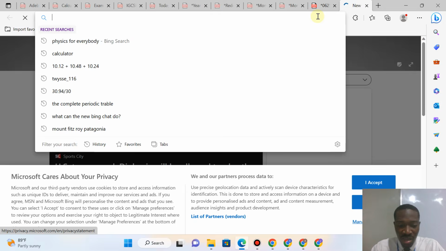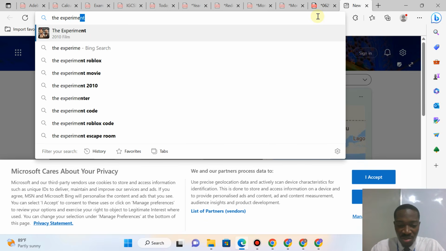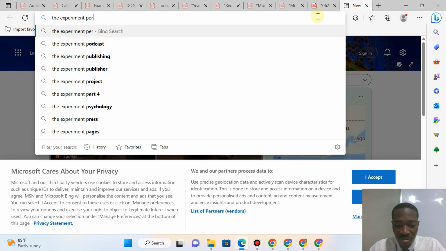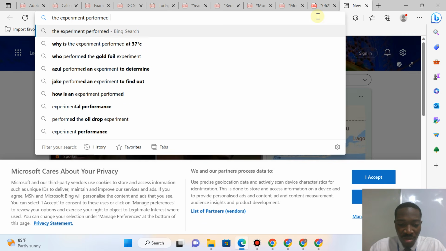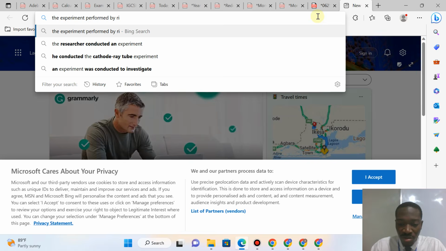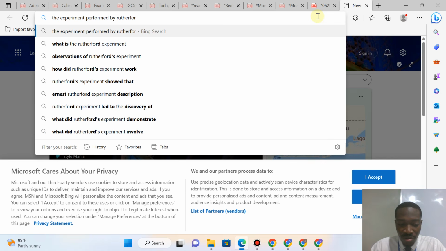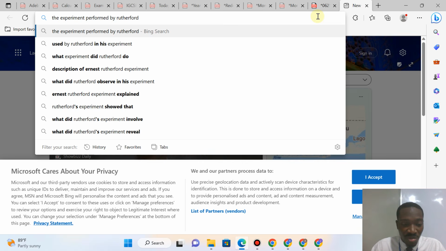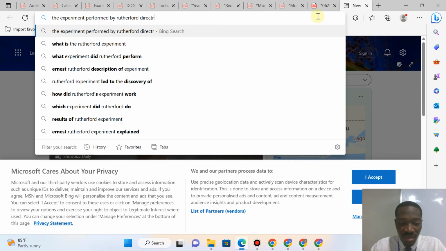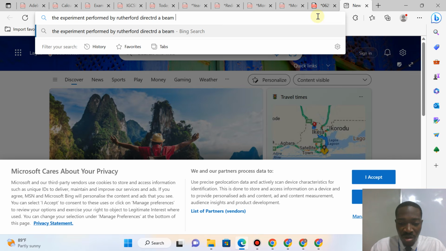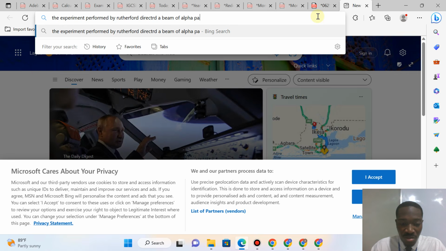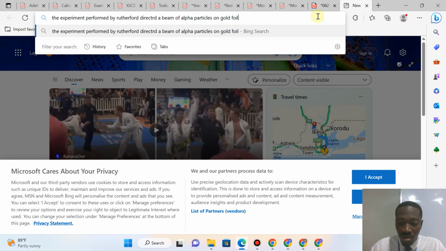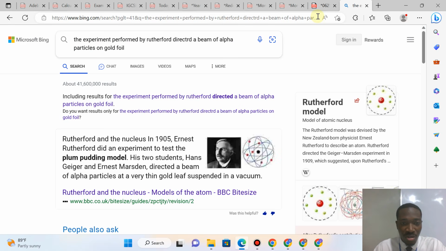The experiment performed by Rutherford, when Rutherford directed a beam of alpha particles on gold foil. Sometimes you just have to Google it to confirm.